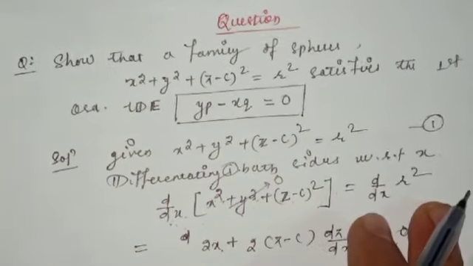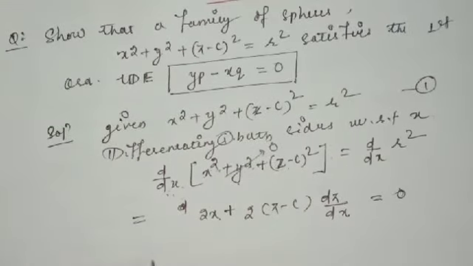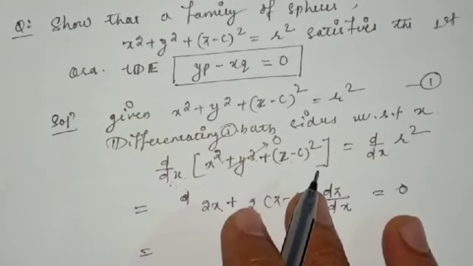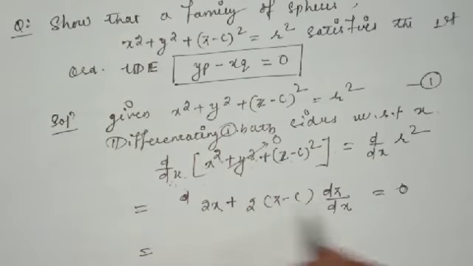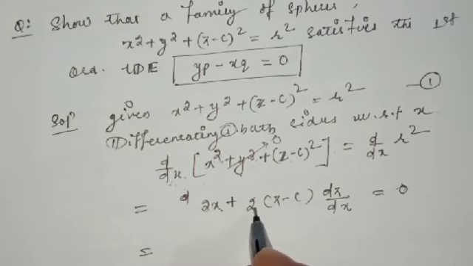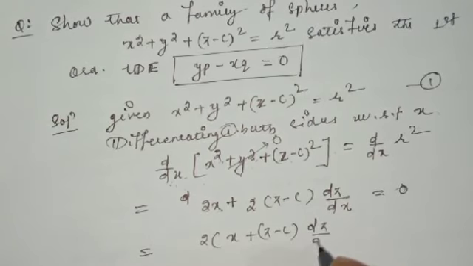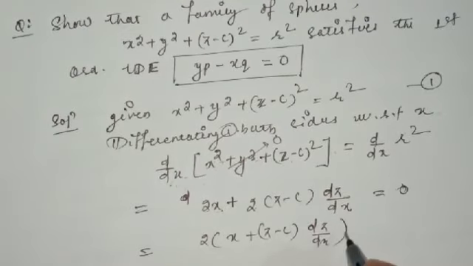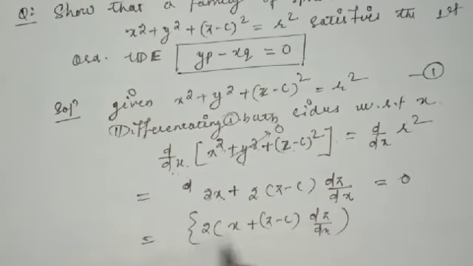So now let us move to the next step. Here in this step we have 2 on both sides, so taking 2 as common, we will have (x plus (z minus c) dz by dx) is equal to 0.